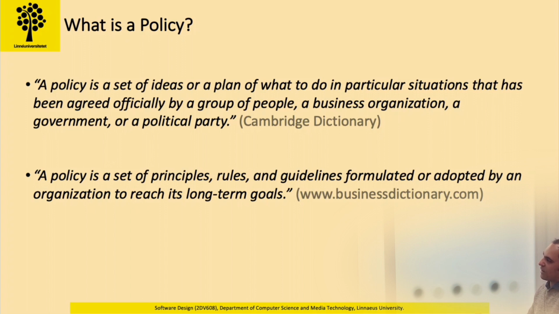So the policies define basically what to do in a particular situation, because based on the situation, policy might change. The Business Dictionary defines a policy as a set of guidelines or rules. Basically, again, those are about what to do in a certain context or situation. But it can also be adopted by different organizations.